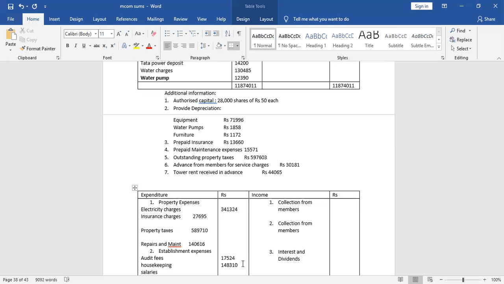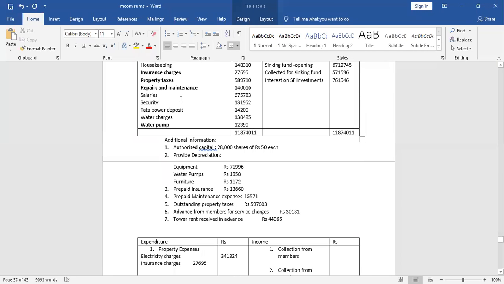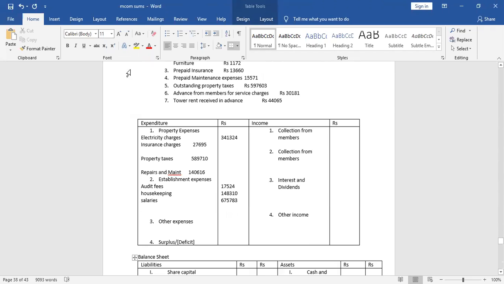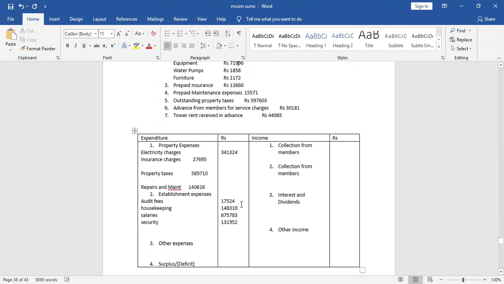After salaries, we have security. Security is 1,31,952. Security also will come here.